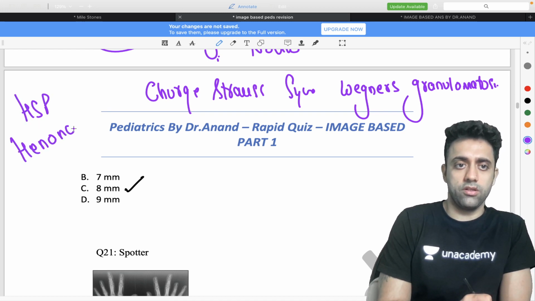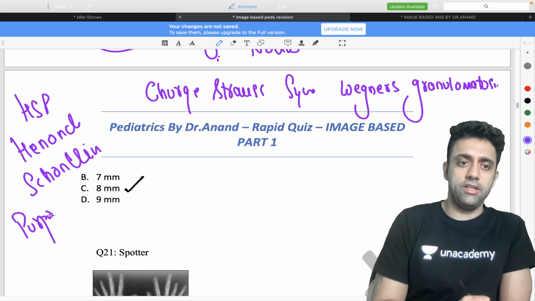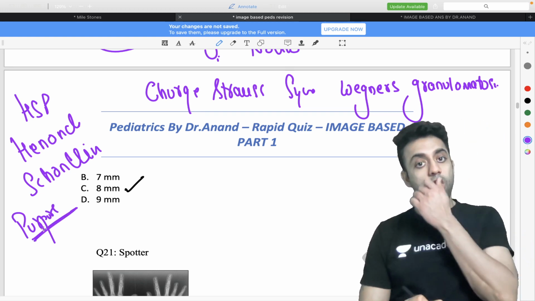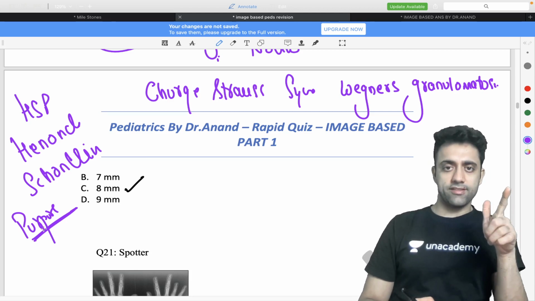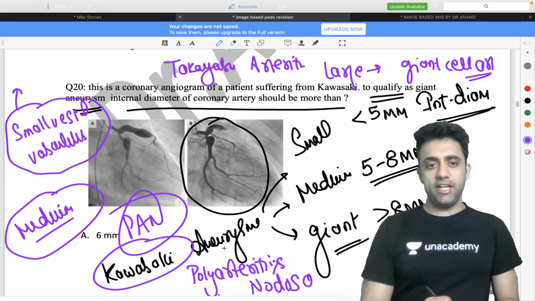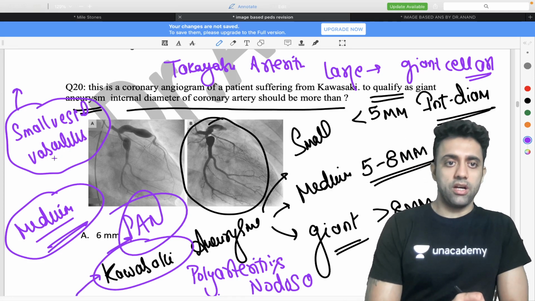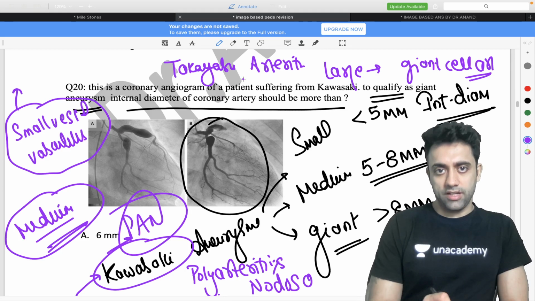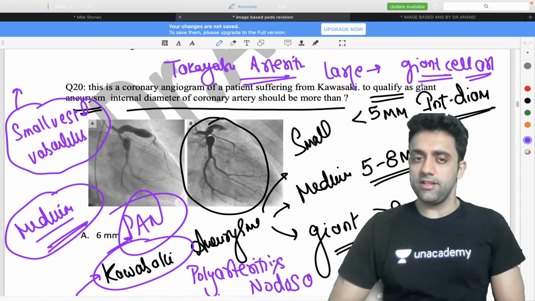Henoch-Schonlein purpura. So all these are examples of small vessel vasculitis, many things. Whereas medium vessel vasculitis are Kawasaki disease and polyarteritis nodosa. Large vessel vasculitis are Takayasu arteritis and giant cell arteritis.